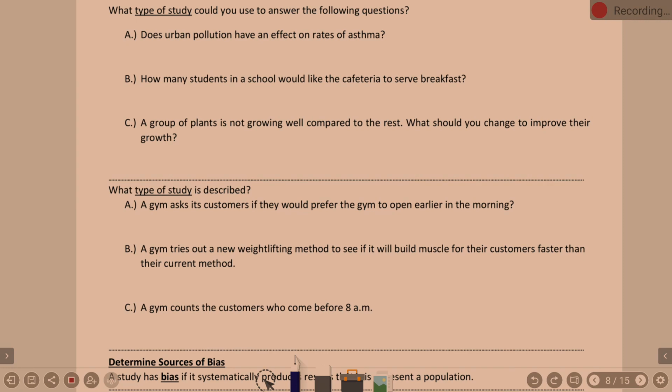Could we go observational? Okay. Is that something where, with urban pollution, you don't necessarily have to go to anybody and ask a question or anything, but you look at the data? Okay, kind of in the background, looking at the data. And I'm going to say, as you guys are learning, this whole chapter is a chapter that could be argued, right?